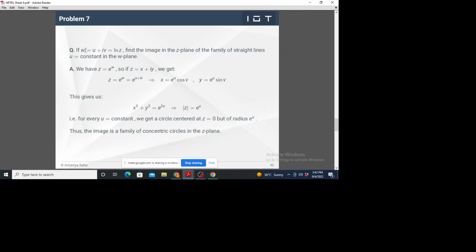Our transformation is W equal to log Z, and we have to find the image in the Z plane of the family of straight lines U equal to constant in the W plane.